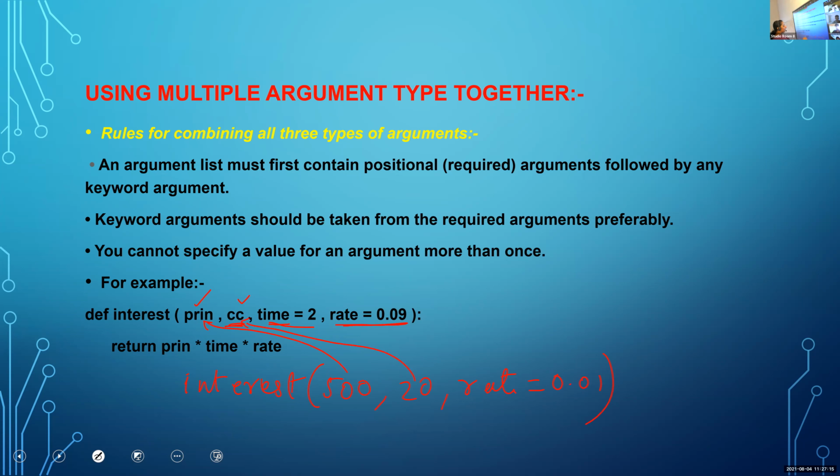Then time, we have no value in the function call statement, but there is no problem because time is a default argument. The interpreter will take 2 as time. If there is no value for time, there is no problem. It's a valid statement. Is it clear, Achyut?